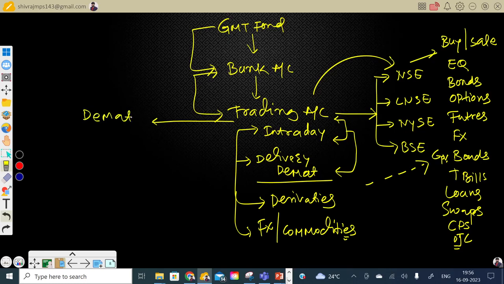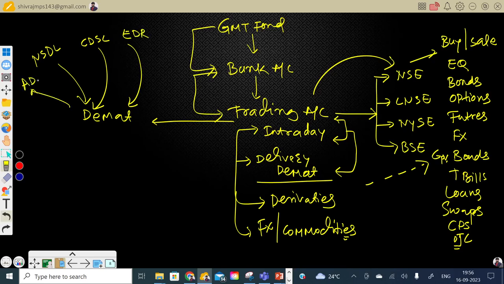Demat account. Now again, the question is who offers this demat account? If I talk about India, we have NSDL and CDSL. In the UK they have the European Depository. In the US they have ADR, American Depository Receipt, and European Depository Receipt. So each and every country has a demat account. Why is a demat account important?